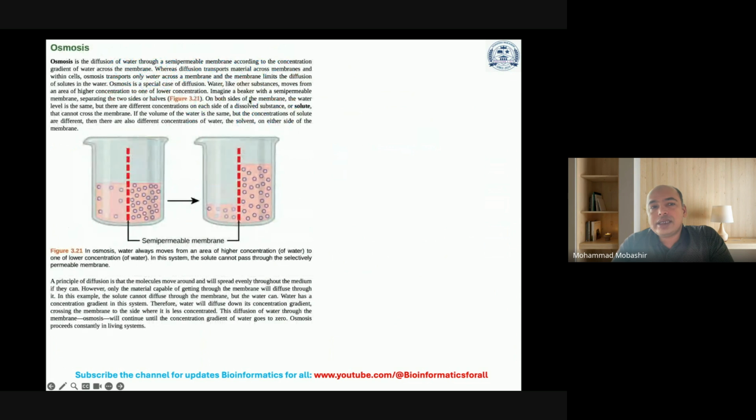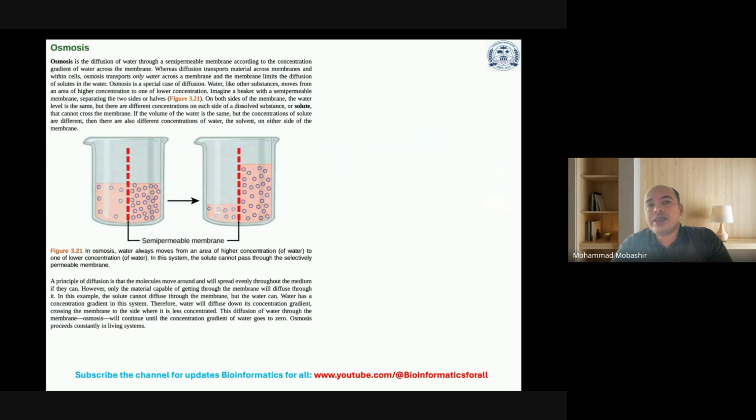Osmosis. This is something like a permeable membrane. You could see here, this is an example. So here what it is saying, osmosis is the diffusion of water through a semi-permeable membrane according to the concentration gradient of water across the membrane.